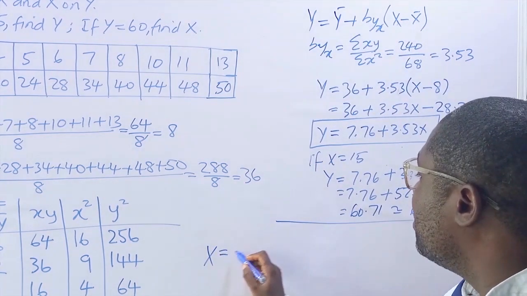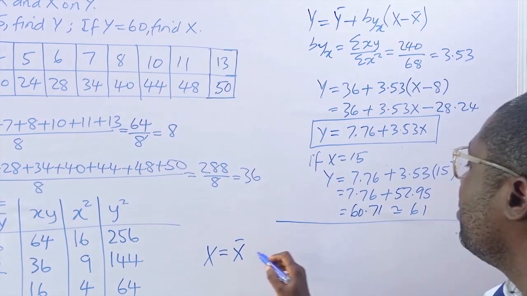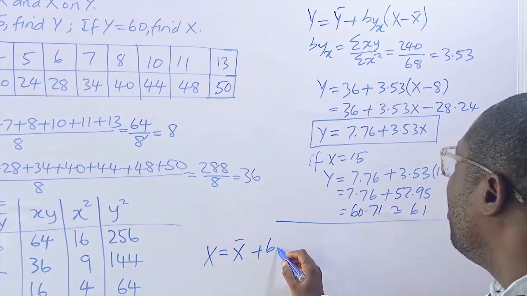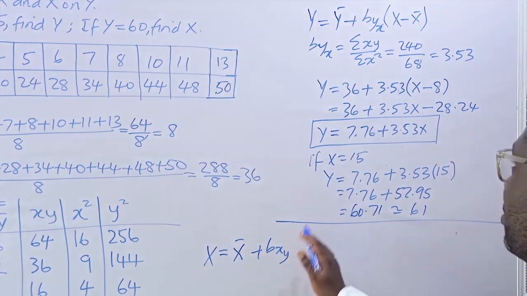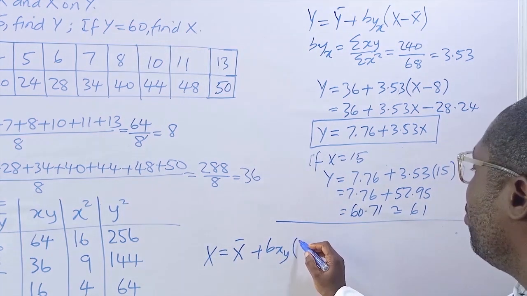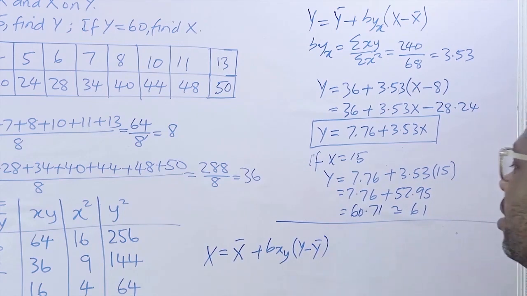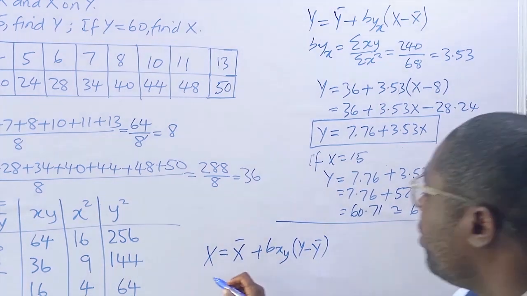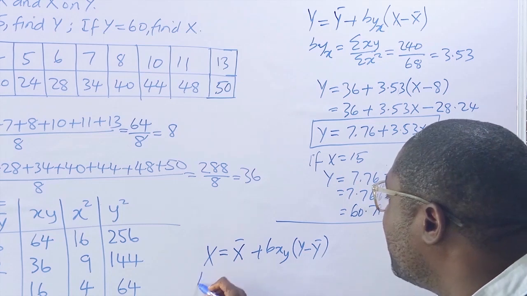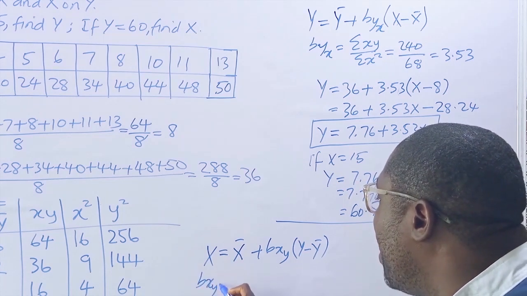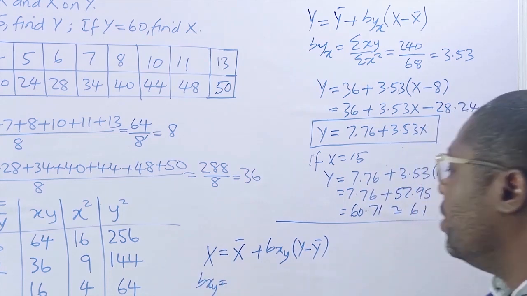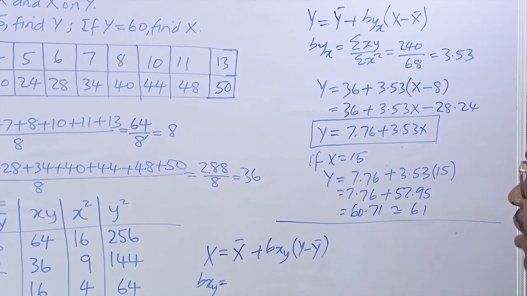So x is equal to x bar plus b of x based on y, into y minus y bar. First of all, we need to find b of x based on y, that's the beta, or the rate of change.